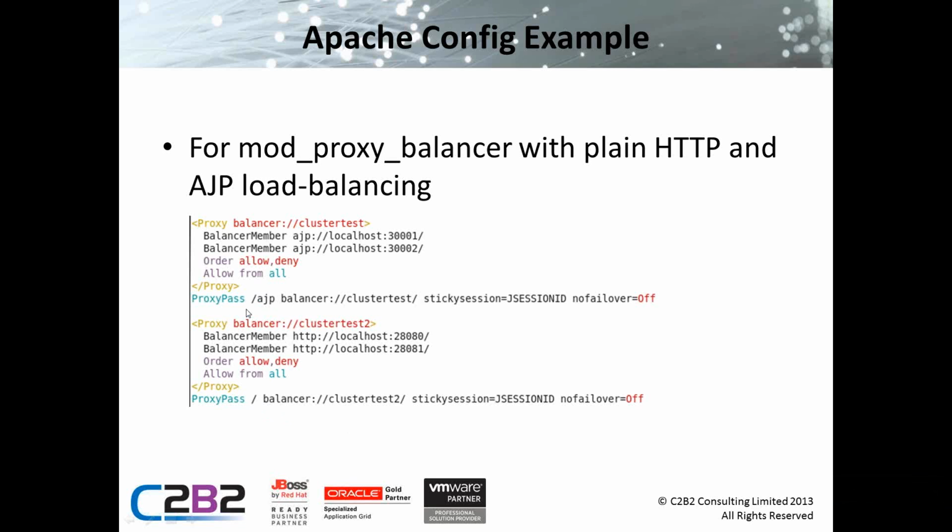The proxy balancer is defined in the proxy tag, and there you just list the different instances that you want to route to, that you want to load balance on. And by prefixing it with AJP or HTTP, you decide which protocol to use for load balancing. So there isn't a lot of configuration required. After this, add it to Apache, restart it, and it will start load balancing. I will show this later on in the demonstration.